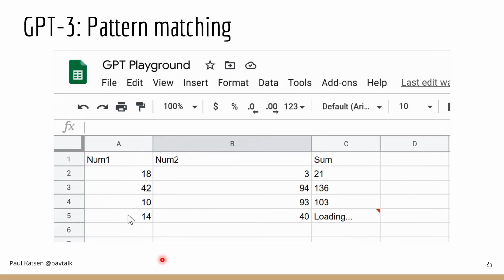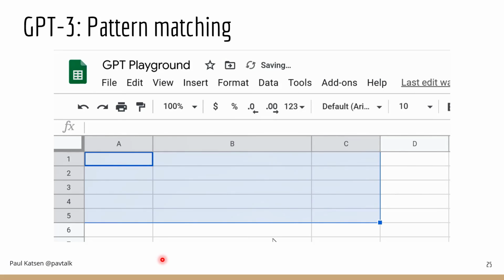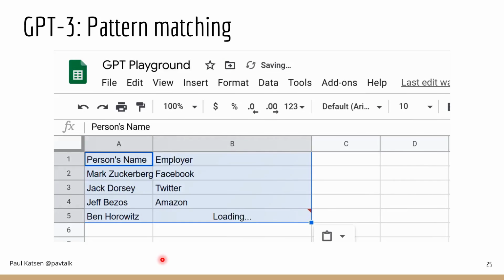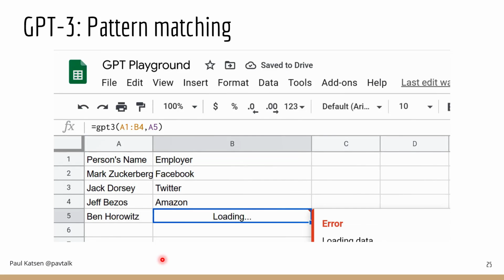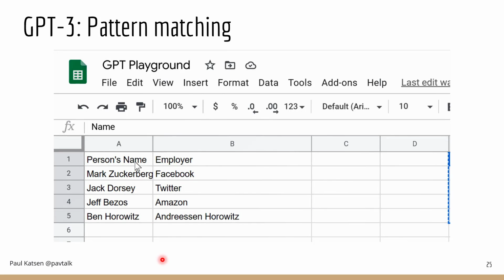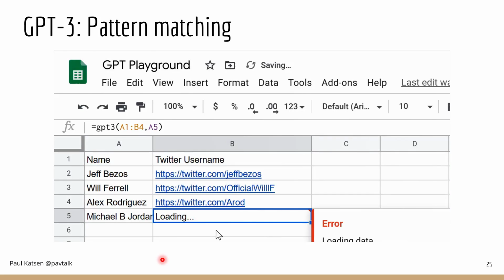It can also learn some summation between different numbers by just showing a few examples of how we can do this summation for a few numbers. Also, the relationship between a person's name and the employer, or the Twitter username for specific people.